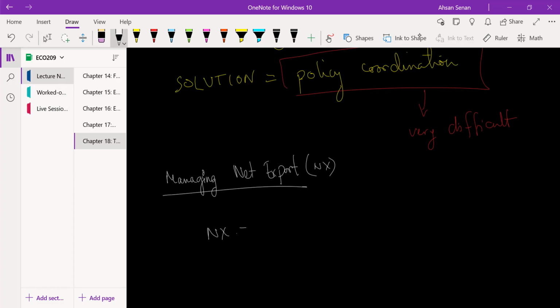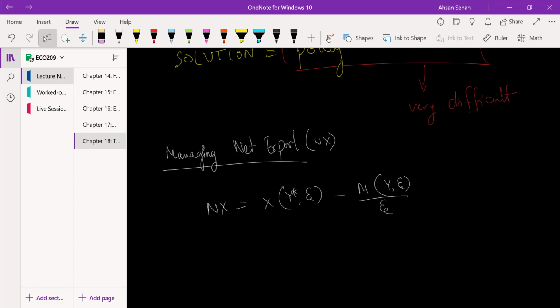We know that already, of course. It's export, which is dependent on this, minus import, which is this. Okay.